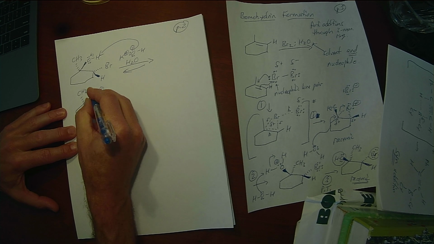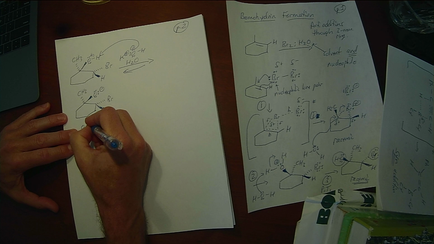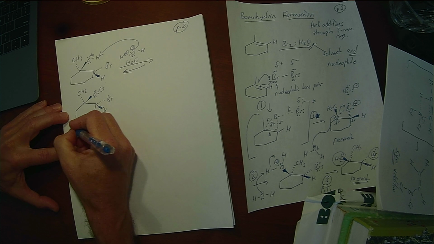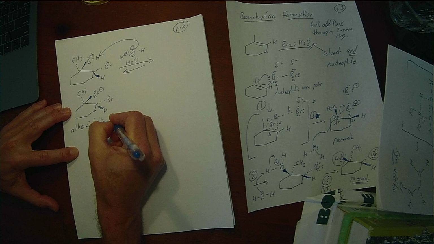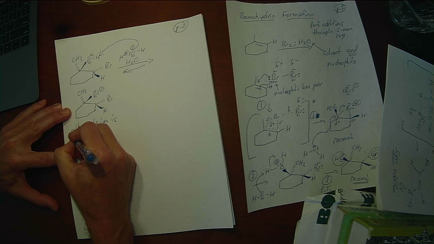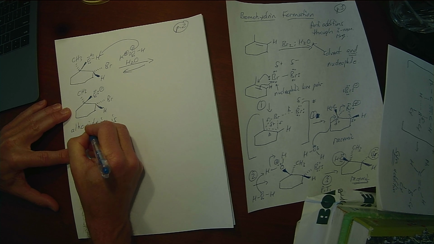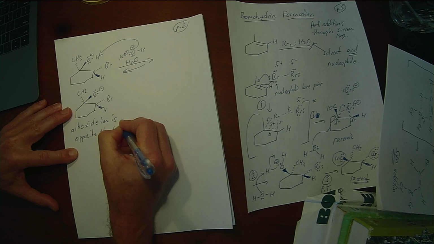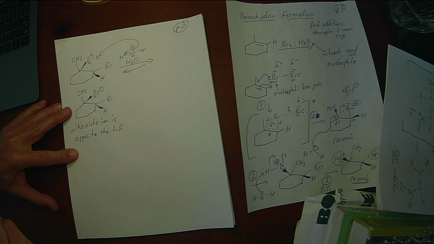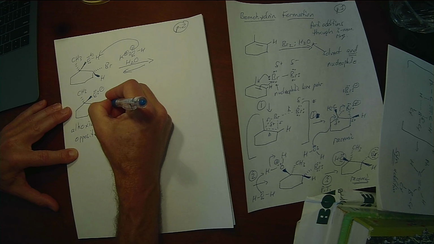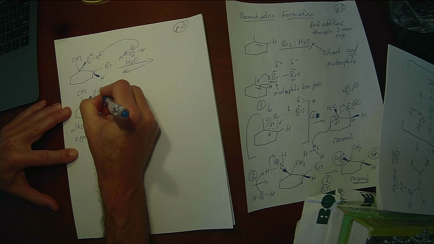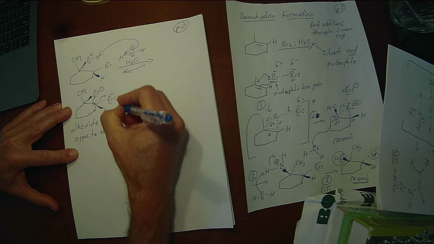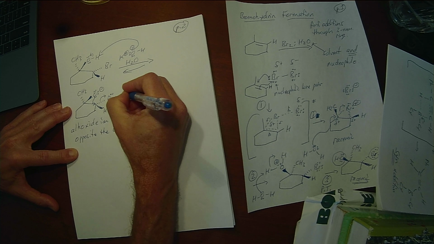And you'll notice that this oxyanion, the alkoxide ion, is on the back side of where the bromine is. Right? So it's opposite the leaving group, which means it's held in exactly the right position to do an intramolecular SN2 reaction where it comes in and pushes the bromide out. This is a Williamson ether synthesis.